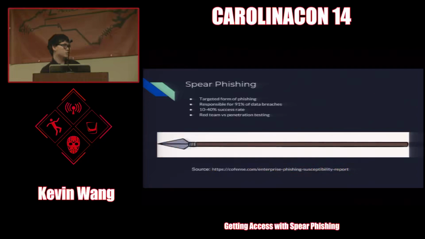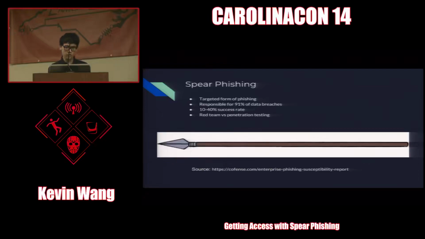So unless you've been living under a rock, I'm sure you've heard of what spearfishing is. Basically, it's a targeted form of phishing that includes your name, your company, relevant information, and might impersonate someone you know. And it's going to be really hard to distinguish from legitimate email. Humans are the weakest link in the chain for security, so that's why spearfishing is implicated in the vast majority of data breaches.